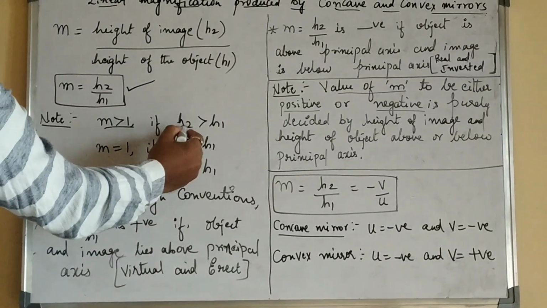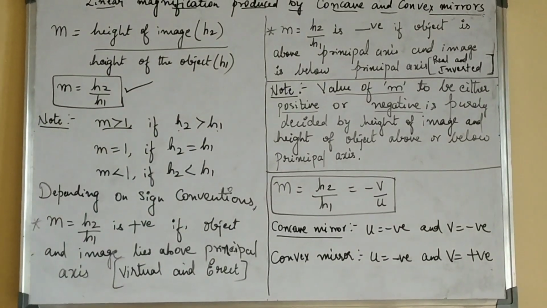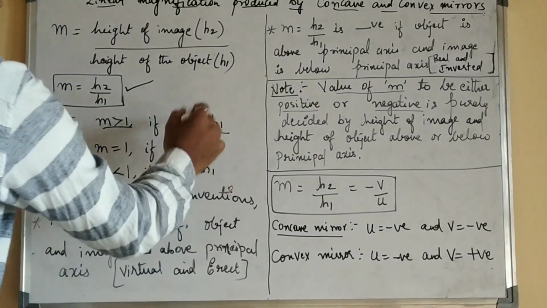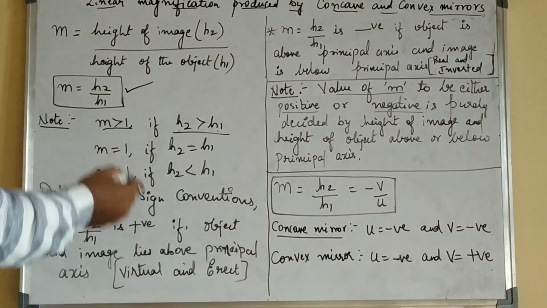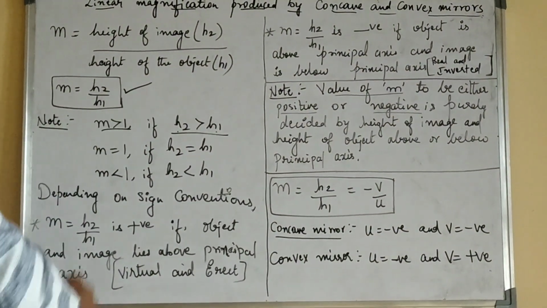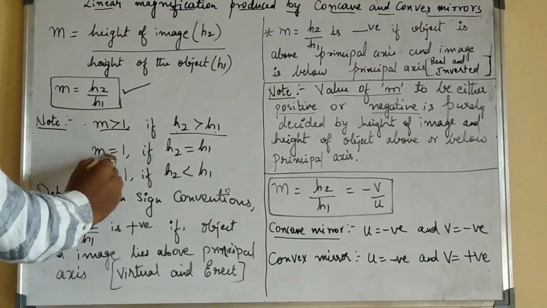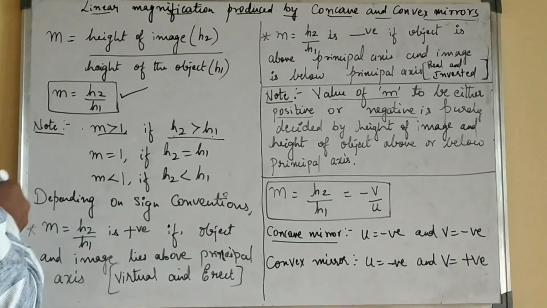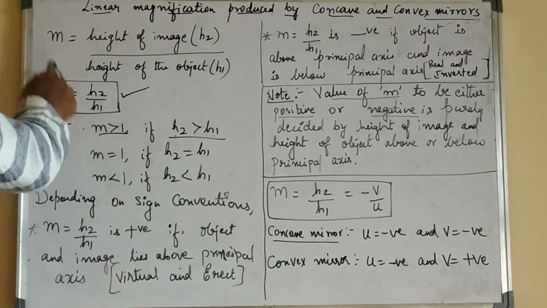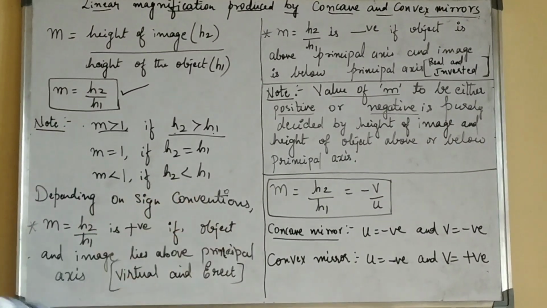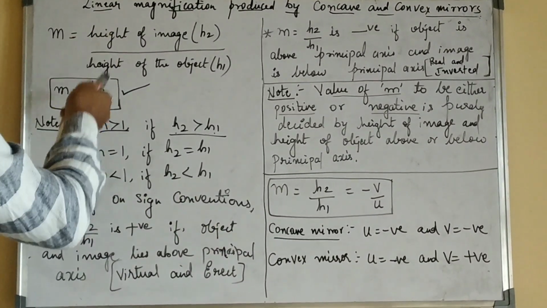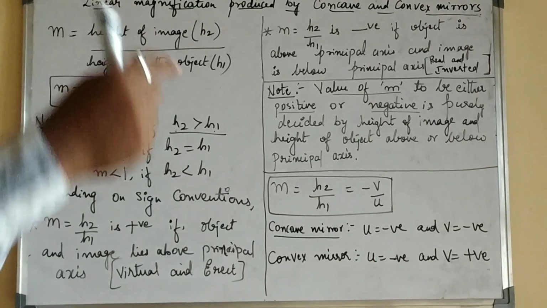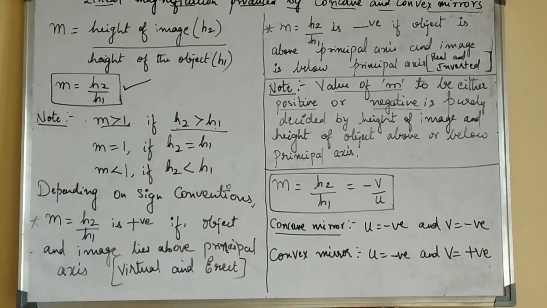That's why h2 is greater than h1. Means height of the image should be greater than height of the object, then only m is greater than 1. This is the first one. Second one, m is equal to 1, which means the height of the image is equal to the height of the object. Both the heights are equal, then only m is equal to 1.